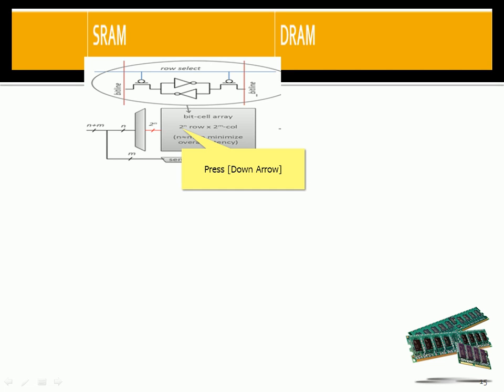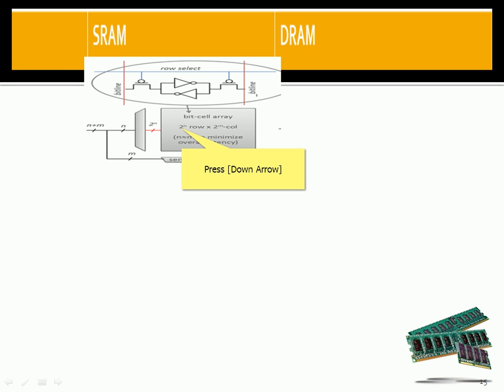It maintains the status of the information in the cell depending upon whether the transistor conducts or not, right? We have discussed enough about that. So the word line is connected to ground, the transistors are off, and information will be stored.